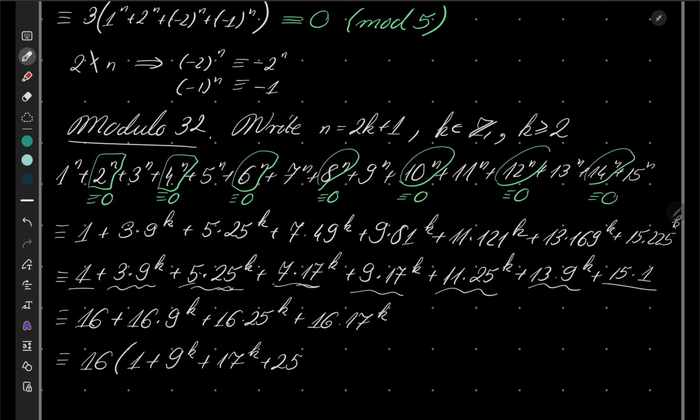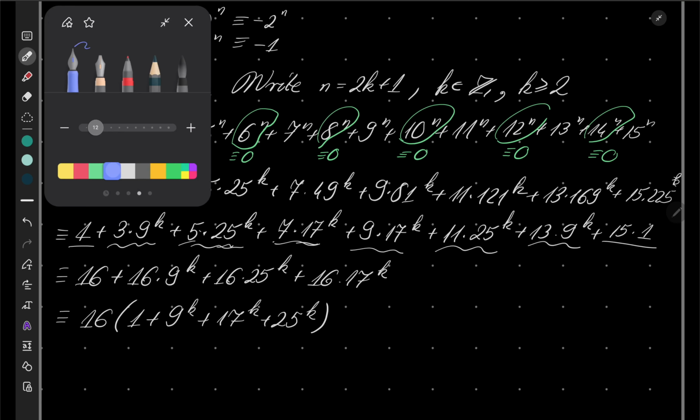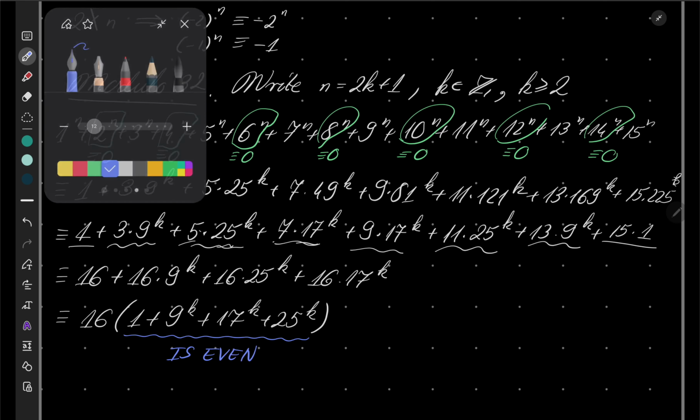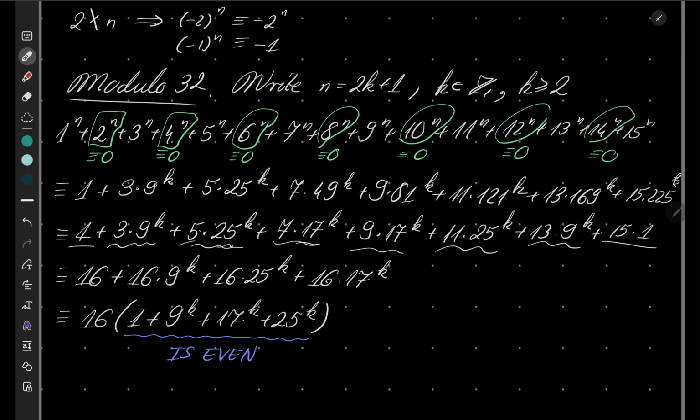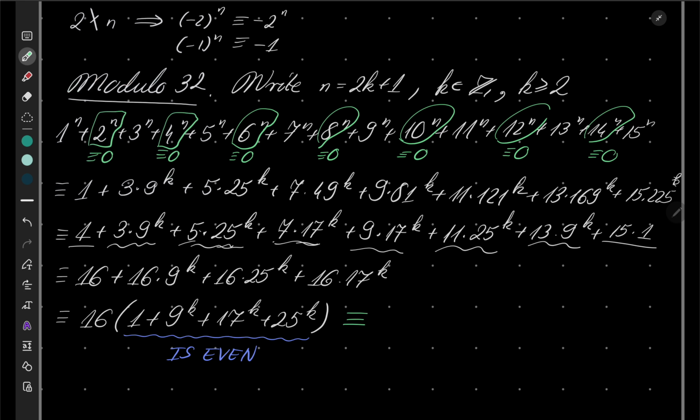And now it should be visible that this number in parentheses is even, because we have a sum of 4 odd numbers. So we have 16 times some even number, so it is in fact congruent to 0 modulo 32.